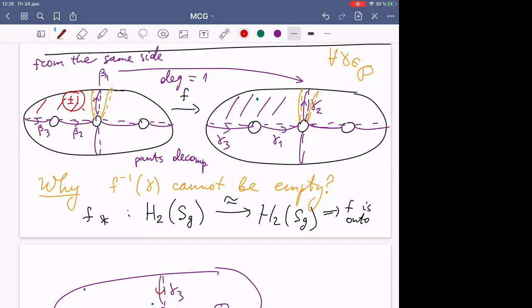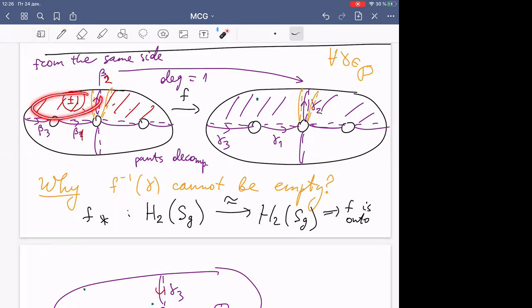But these signs for two adjacent pairs of pants should be the same. Well, the matter is that these two pairs of pants, this one and that one, are adjacent to beta 2 from the opposite sides, and these two pairs of pants here are adjacent to gamma 2 from the opposite sides, one from the left and the other from the right.